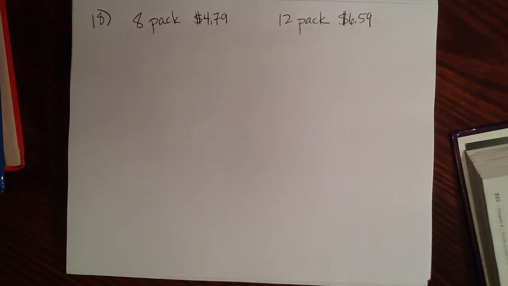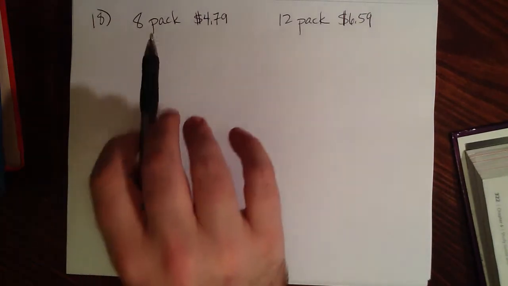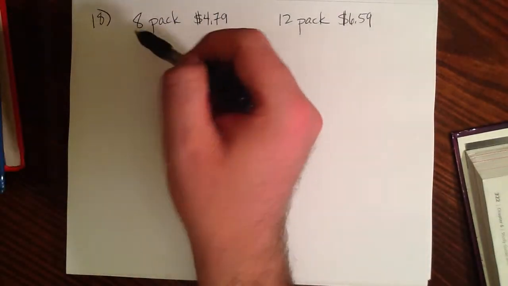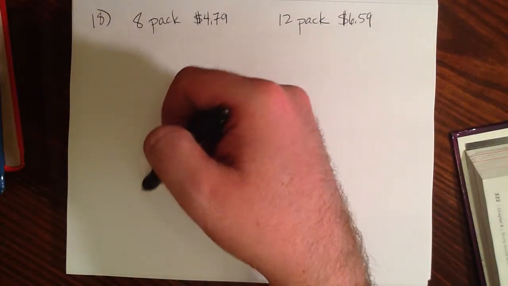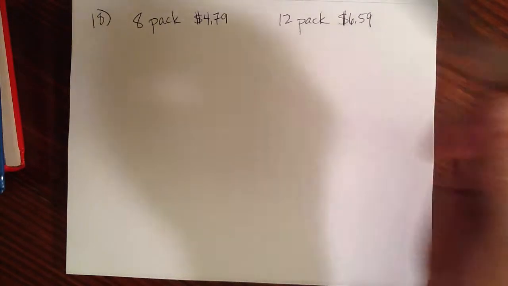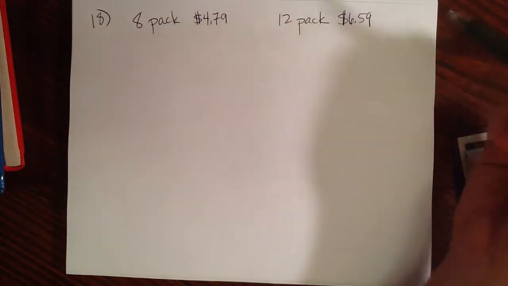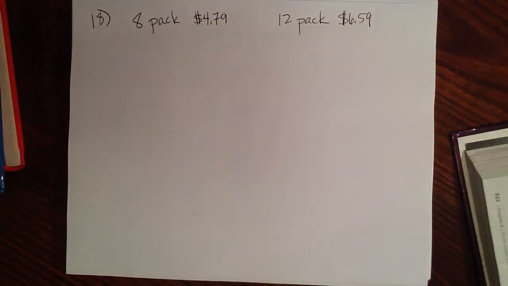Well, there are a couple ways to work this. One is you could convert both to a unit rate. The unit rate would tell you how much you're paying per juice box. So if you were doing $4.79 for 8 juice boxes, how much would that be for 1? And then if you were doing $6.59 for 12 juice boxes, how much would that be for 1? And whichever one had the better unit rate would be the better deal.